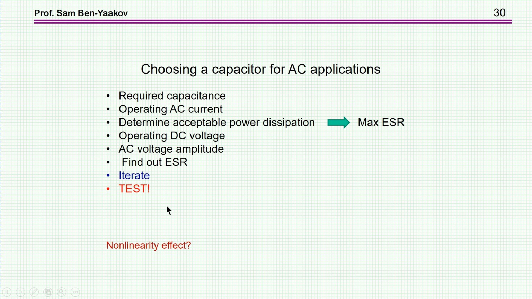And I think that in most cases, for the AC application, you'll have no choice but to really test the capacitor just to see that it really holds up to the expectation. Now, this is just a question of power dissipation. There is also a question of nonlinearity effects. Keep in mind that the waveform could be distorted, and in some applications, this may have an implication. So this is something else that has to be taken into account.